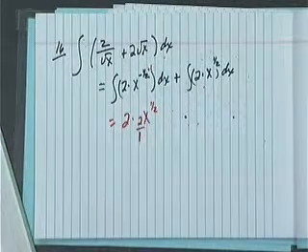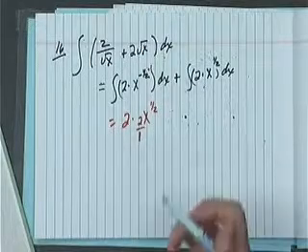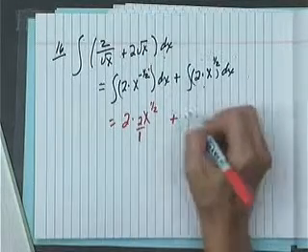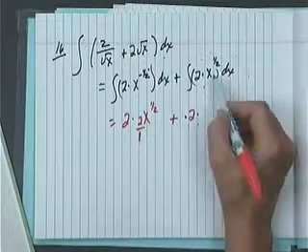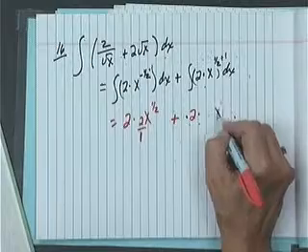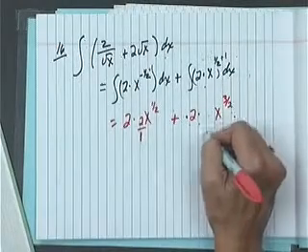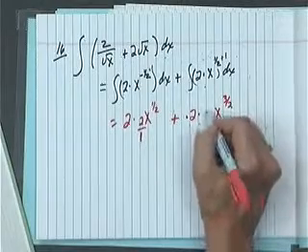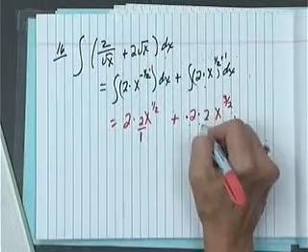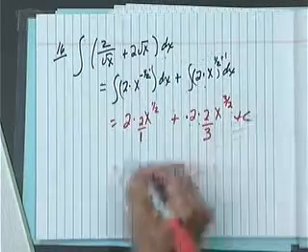Dividing by half is the same thing as inverting and multiplying by 2 over 1. Over here we have 2 times, and now we're going to add 1 to that 1/2, so you'll get x to the 3/2. And when you divide by 3/2, it's multiply by 2/3. Then we've got a plus c.